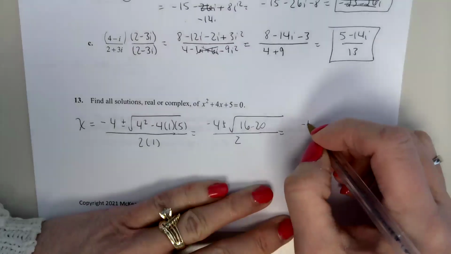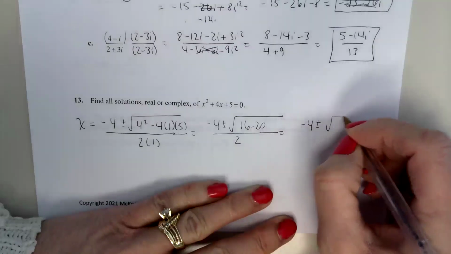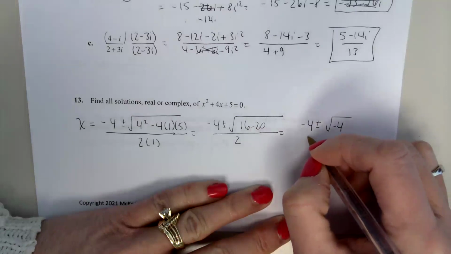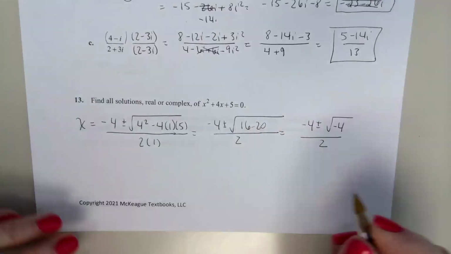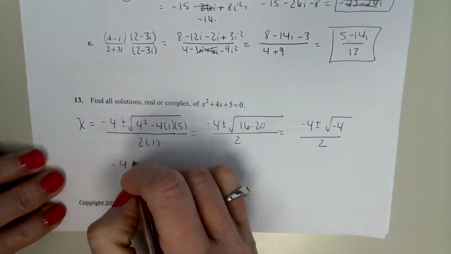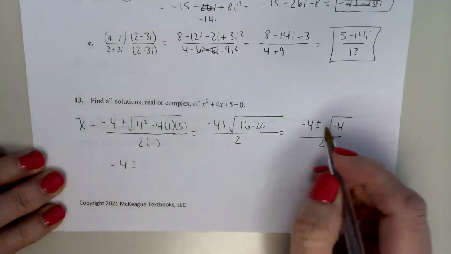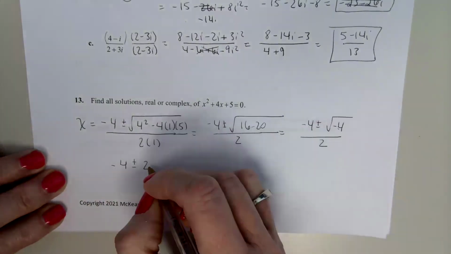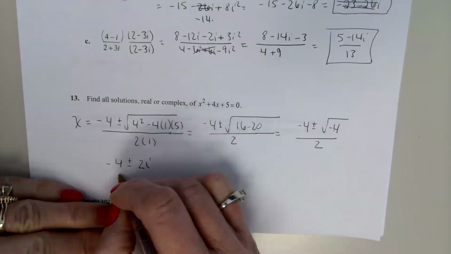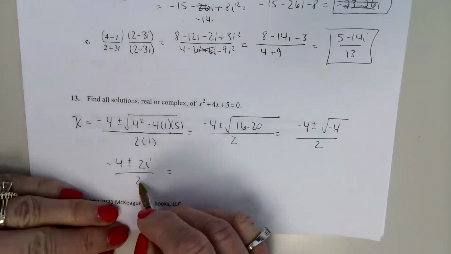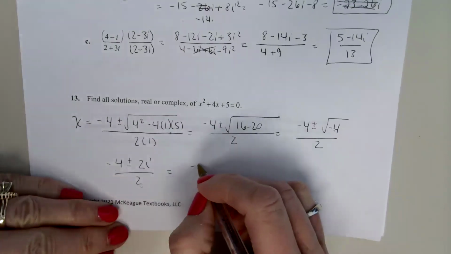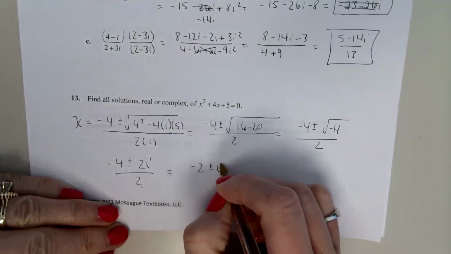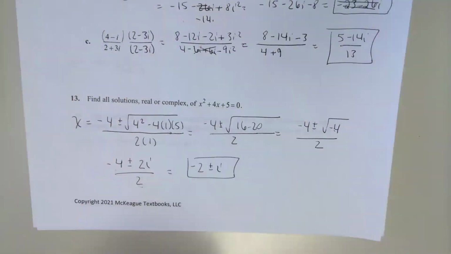So a negative 4 plus or minus the square root of a negative 4 over 2. So a negative 4 plus or minus the square root of 4 is 2, and then i, over 2. And then my 2 can cancel into both, so I've got a negative 2 plus or minus i. Those should be my roots.